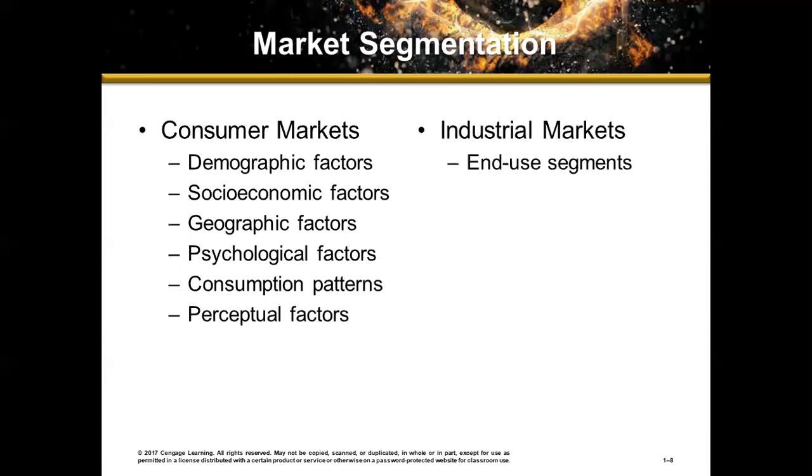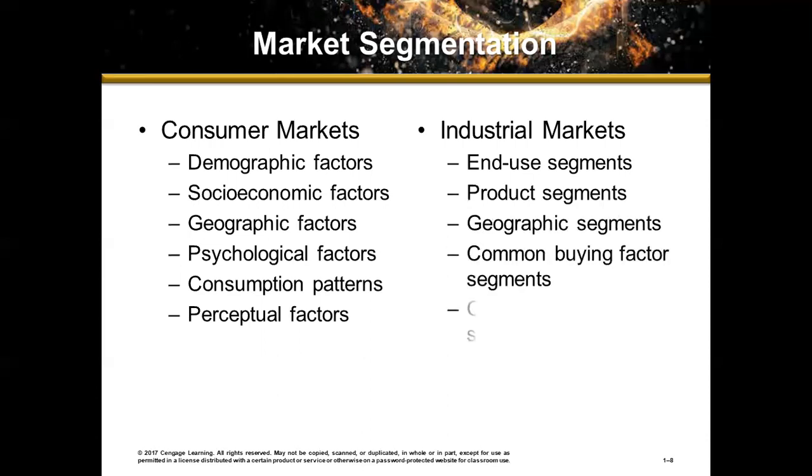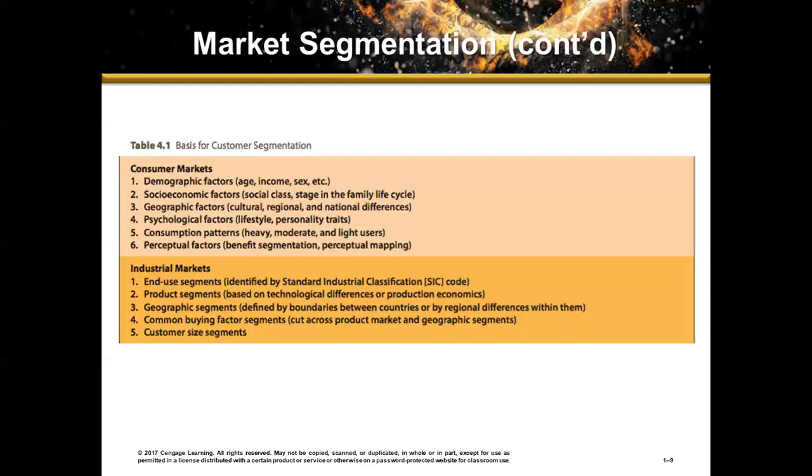For industrial markets, we're going to identify the end-use segments, product segments, geographic segments, common buying factor segments, and customer size segments. In short, we have our consumer markets and our industrial markets.